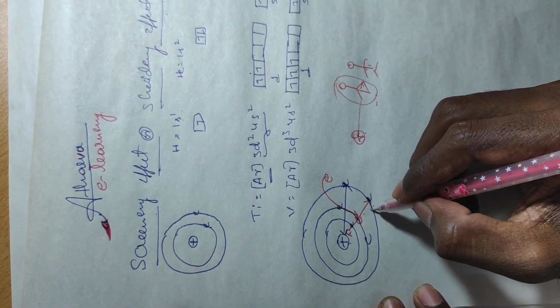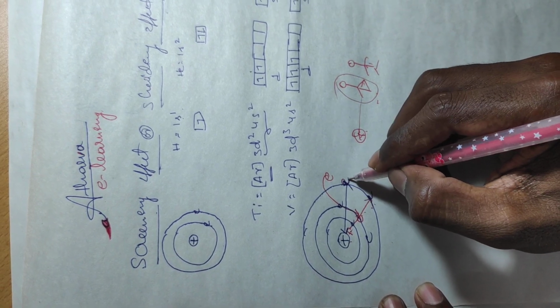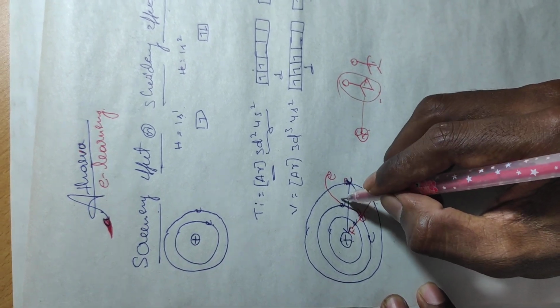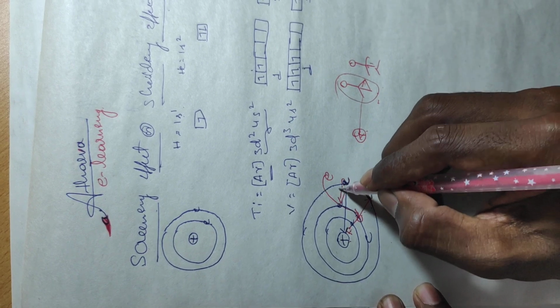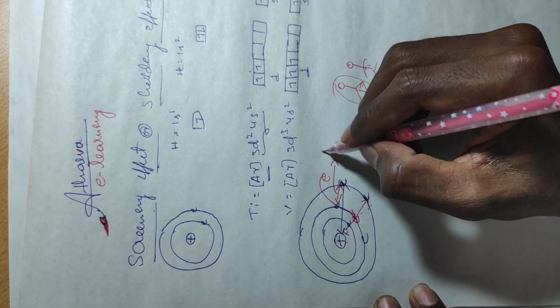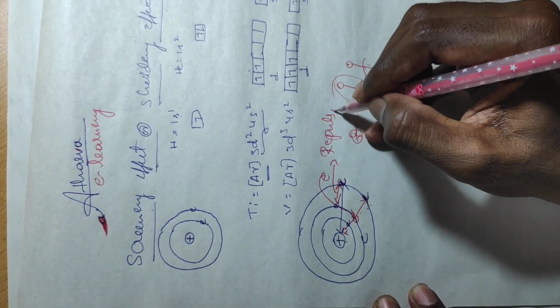At that point what happens? Here an electron is present, and here also an electron is present, and they have the same charge, so repulsion will be there.